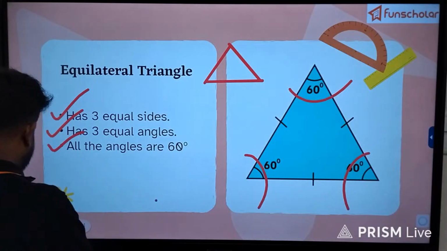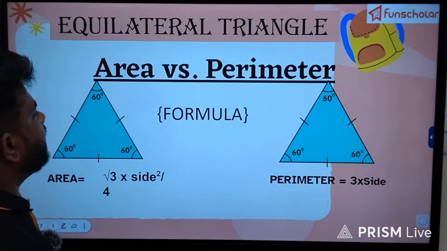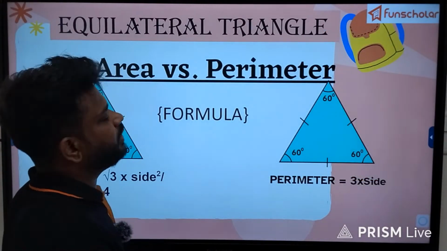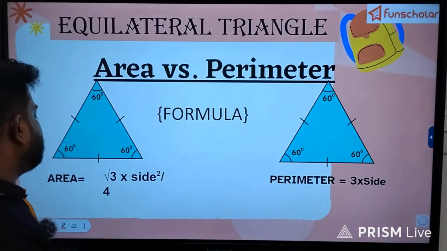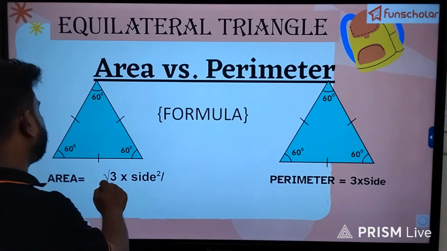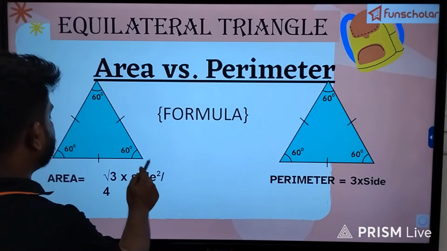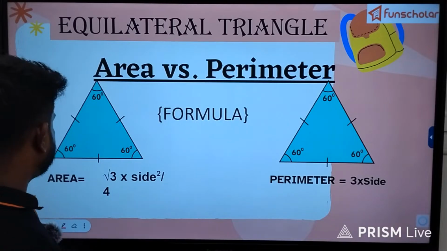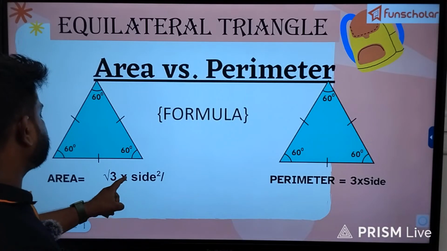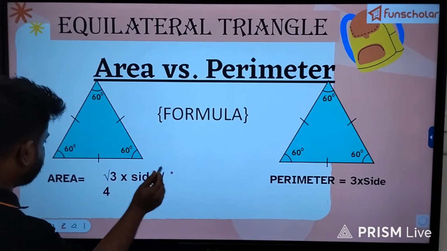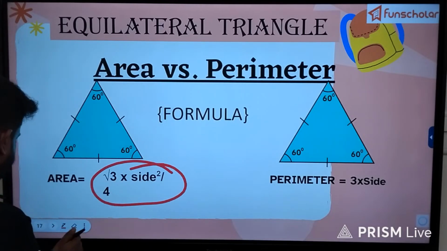Okay. The next thing is area and perimeter. The area will be root 3 into side... sorry, this one has been written a little bit wrong.